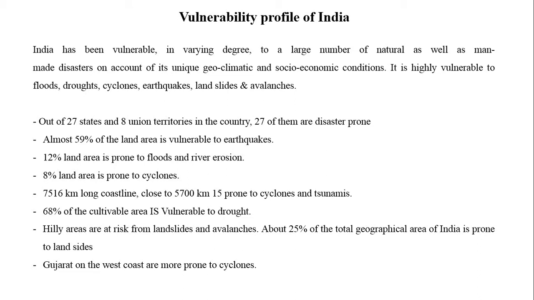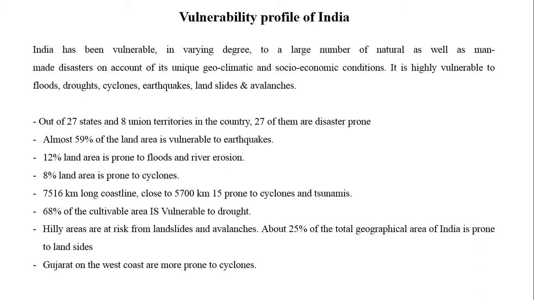About 25% of the total geographical area of India is prone to landslides. In the Himalayas, in Jammu Kashmir, Simla, etc. are near the hilly areas. Gujarat on the west coast is more prone to cyclones. So India has hilly areas and sea level areas.